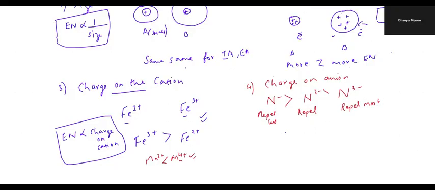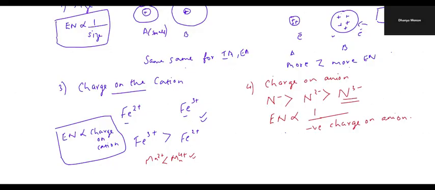So what can I write? Electronegativity is inversely proportional, opposite of that of cation, right? Inversely proportional to negative charge on the anion. So the more negative charge, the less the electronegativity.